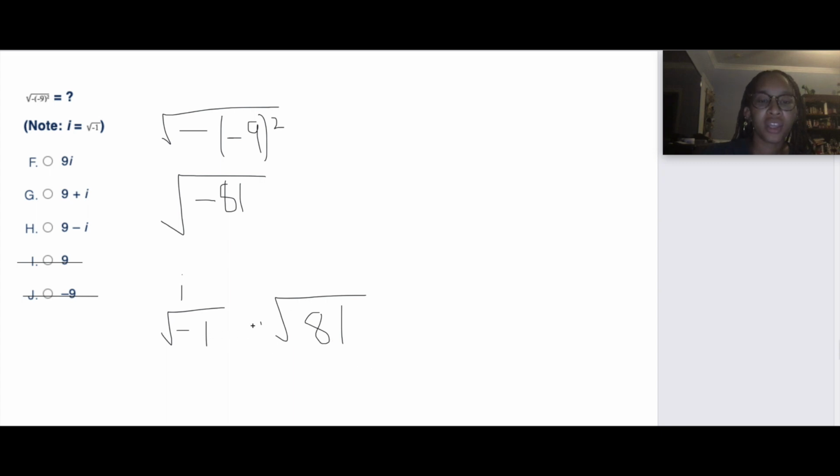And we can rewrite it like this because of those root rules. And i is also the square root of -1. So now we have i times the square root of 81, and we know that the square root of 81 is 9. So that means our answer is going to be 9 times i.